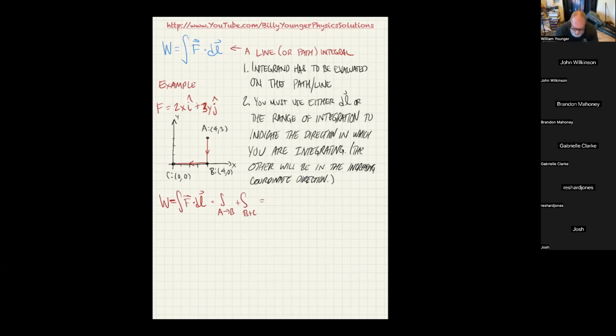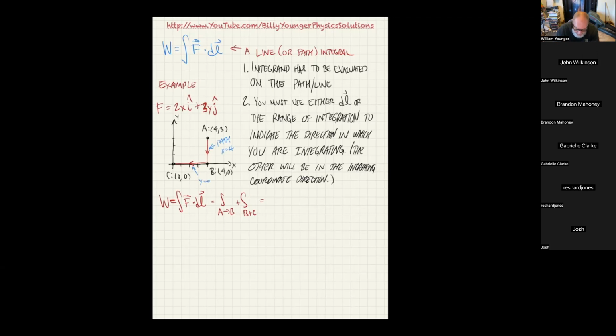So as I'm doing A to B, notice that is the path x equals 4, and this is the path y equals 0.